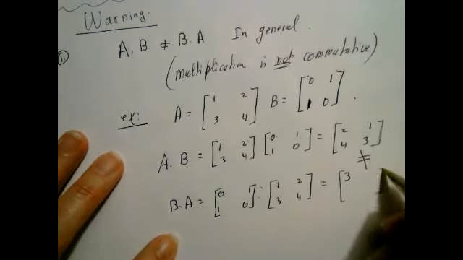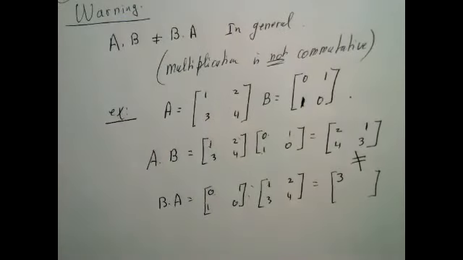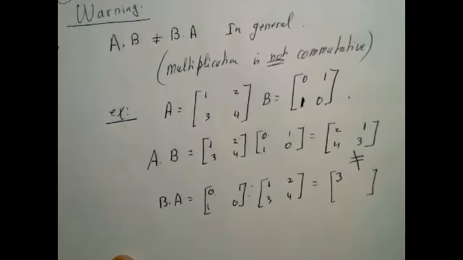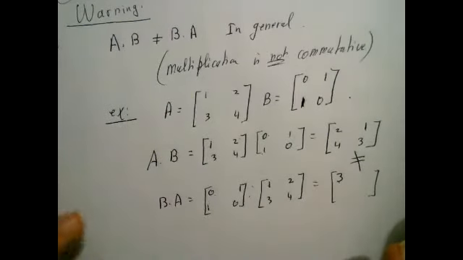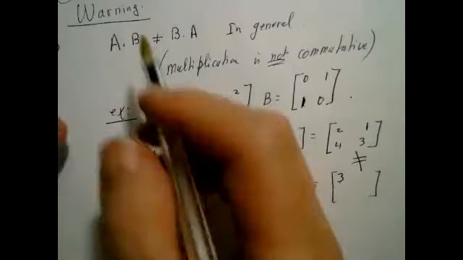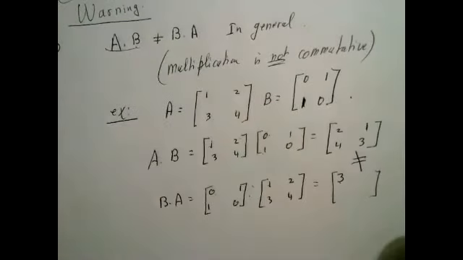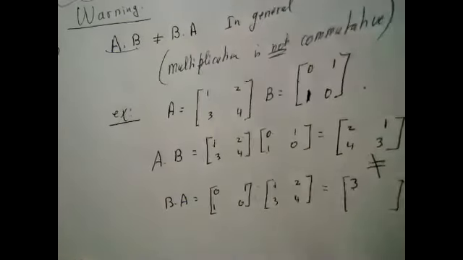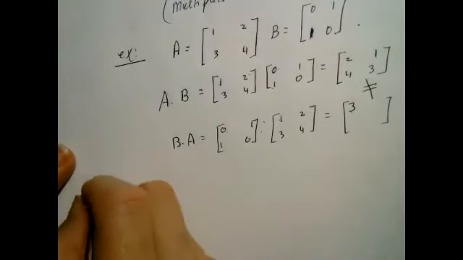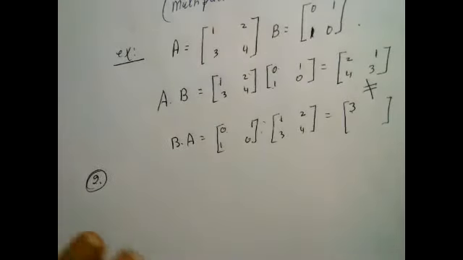I don't need to finish. They are two different matrices, because matrices are equal only if they have the same size and the same entries. If they differ by an entry, the matrices are not equal. So that's the first property that we have to be careful with. The order is crucial in matrices. It's something that numbers have, but matrices don't carry this property.